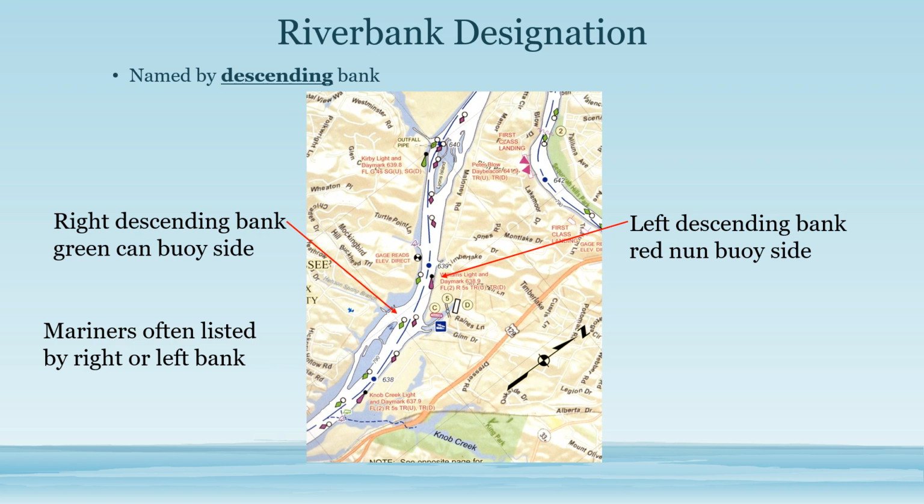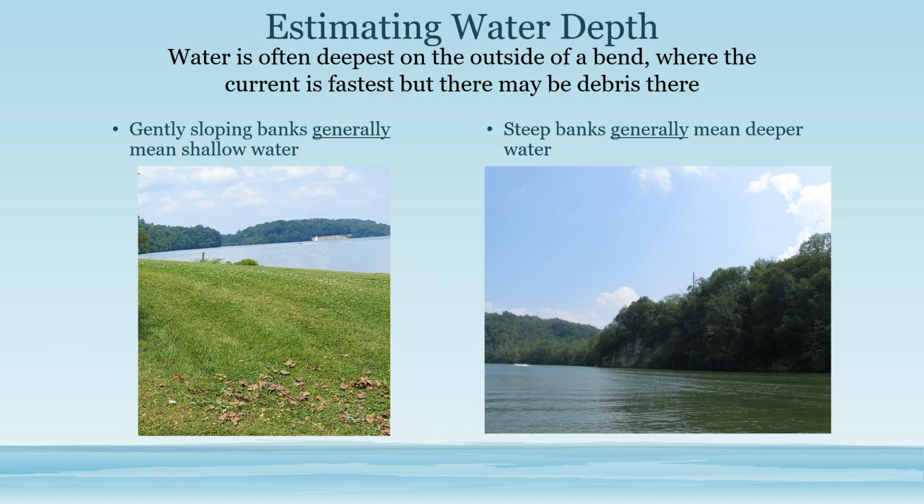The can side is always called the right bank even when going upriver. The steepness of the bank can approximate the depth of the river edge, but this is only a rough guide, but it may help in some cases.